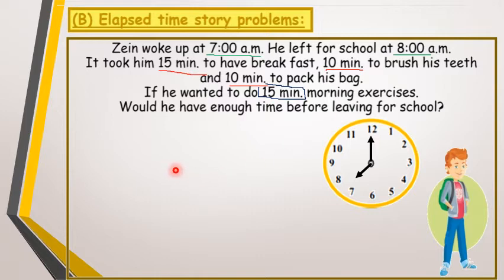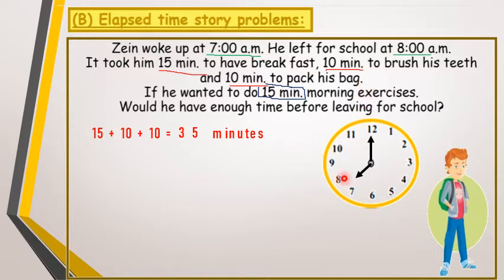So let's add all the time he took together. 15 minutes to have breakfast, 10 minutes to brush the teeth, and 10 minutes to pick up the bag. So add the ones with ones and the tens with tens. 5 plus 0 plus 0 equals 5. 1 plus 1 plus 1 equals 3. So it took him 35 minutes.